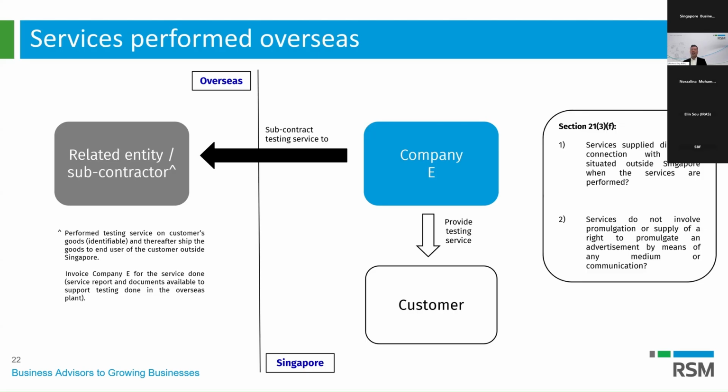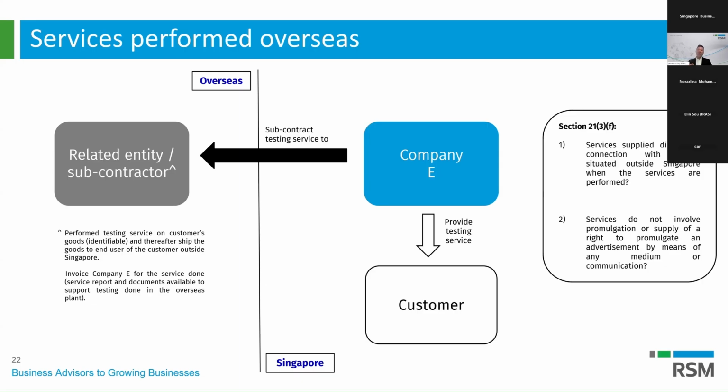If you look at this particular segment of section 21.3, particularly section 21.3F, there are two main conditions that you see on screen. First one: services supplied directly in connection with goods situated outside Singapore when the services are performed.